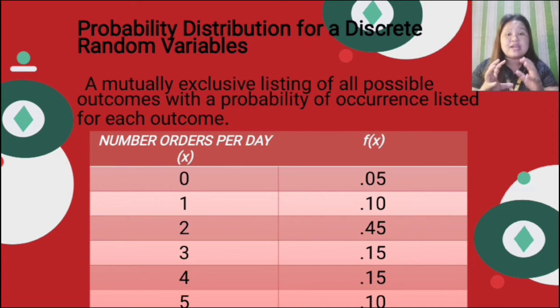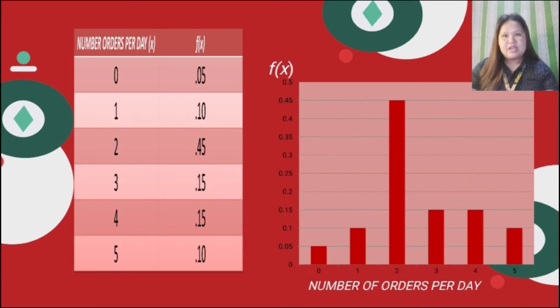0.05 for 0, then 0.10 for 1, and so on. So we can take the tabular listing of the orders per day and create a graphical presentation of the data. As you can see here, we have a graph, which is a graphical presentation.